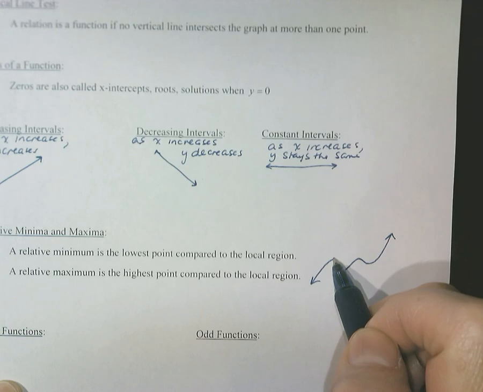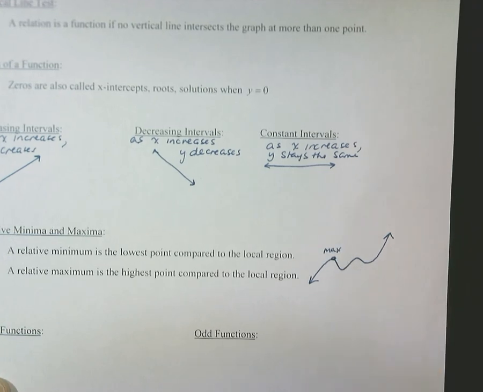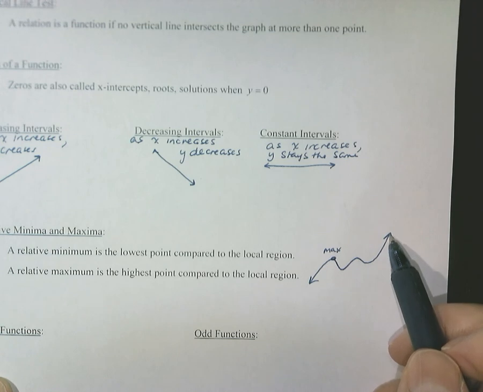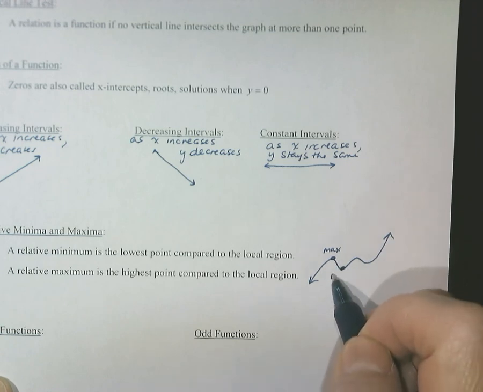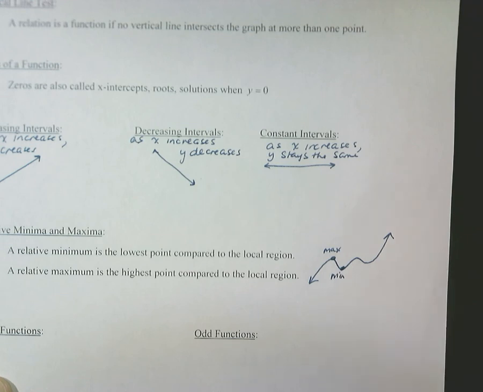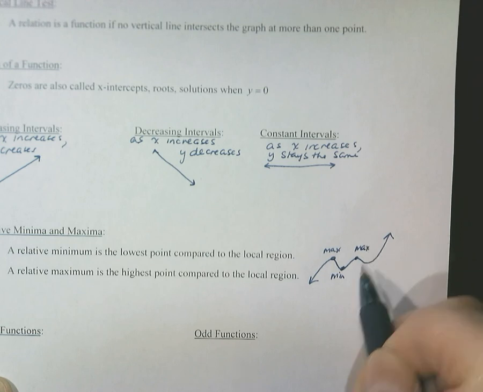It has a relative maximum here. It's not the highest point because look at this, it goes higher over here. It's just relative. Right here, it has a relative minimum. This is a relative max. And this is a relative minimum.